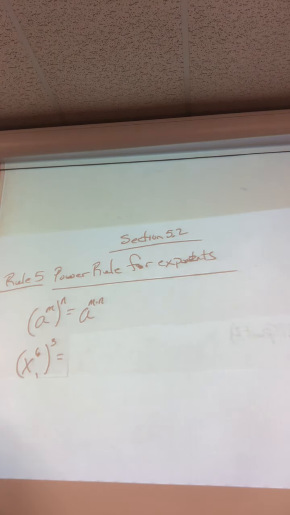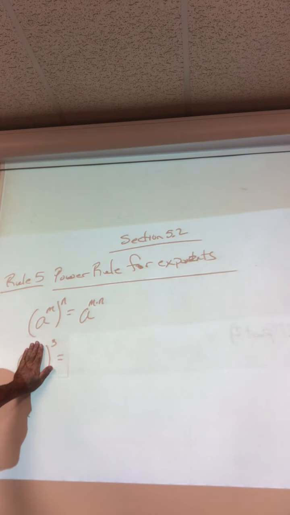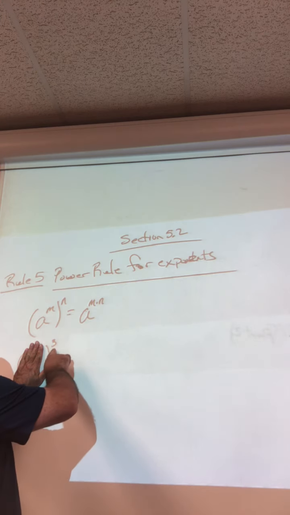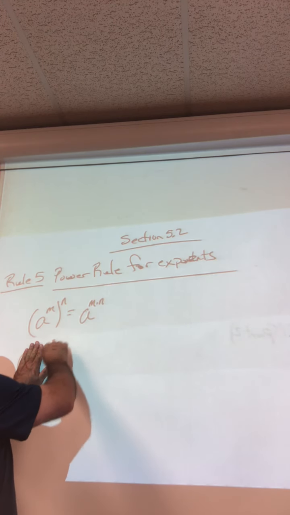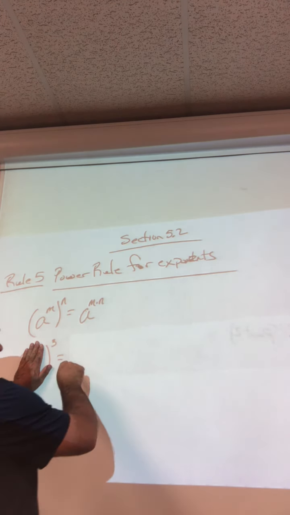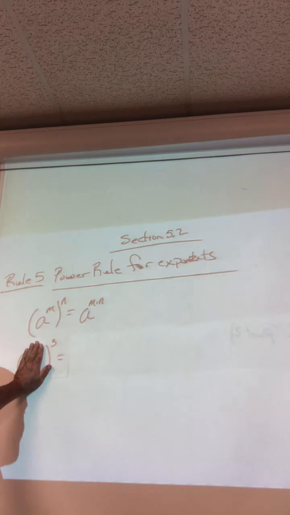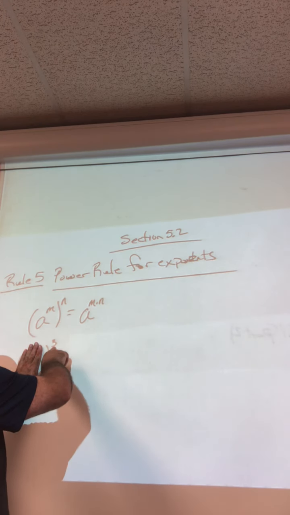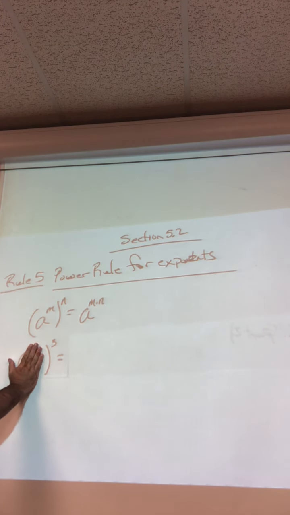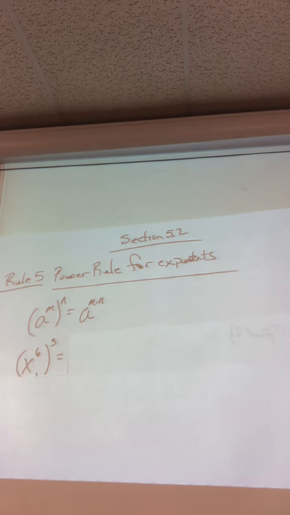Now, let me show it to you a different way, because I just want you to see where the rule comes from. Let me cover this up for just a second. What does it mean to raise something to the third power? That means you say it times itself 3 times. So whatever's under my hand, you're going to say it times itself 3 times. What's under my hand? X to the 6. So you're going to do that 3 times. That's going to be x to the 6, x to the 6, x to the 6.